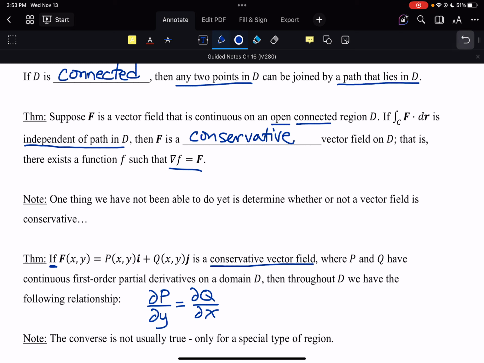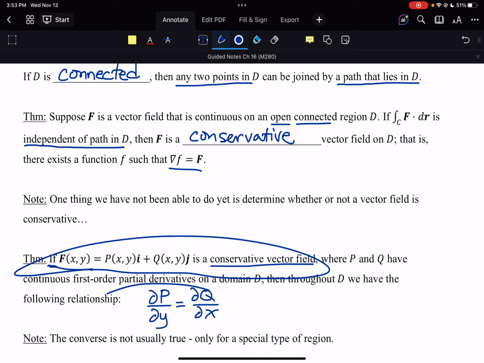Now, this is all well and good, but this doesn't help us show that something is conservative. It helps us show that something is not conservative, because if we show that these two are not equal, that means the vector field must not have been conservative to begin with. But just because these are equal does not guarantee that F is conservative. Because again, if this is true, then this is true.